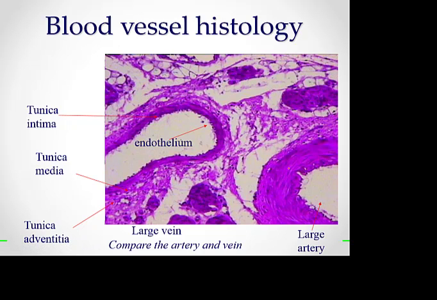So notice how thick it is. Here in the vein, this layer is tunica media. So notice how much thinner it is. This here is the tunica externa or adventitia in an artery, and look here in a vein, this is the tunica adventitia. So you can see how much thicker it is.